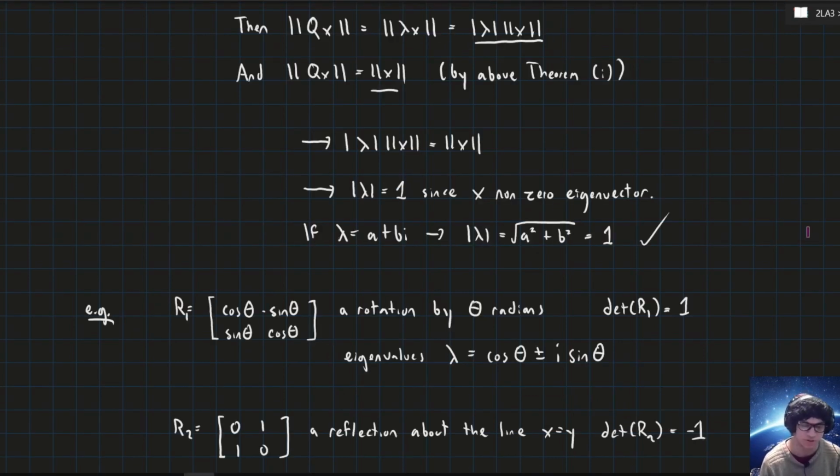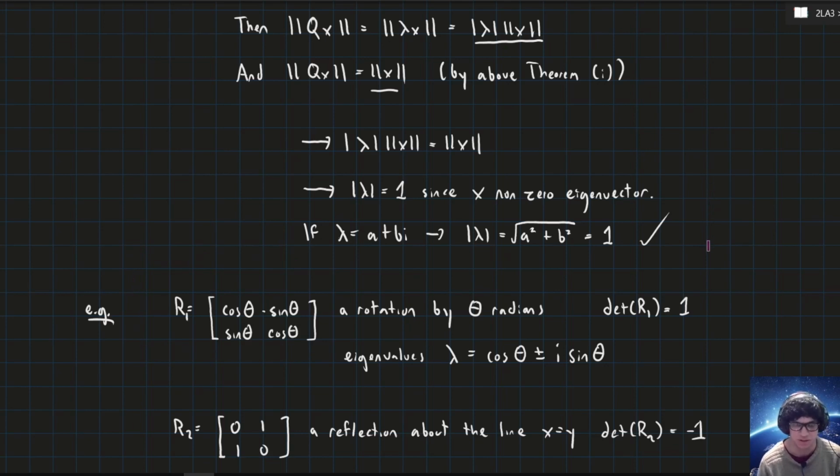So it should make sense that rotation matrices, such as this example that we've seen in the assignment, usually don't have real eigenvalues, right?